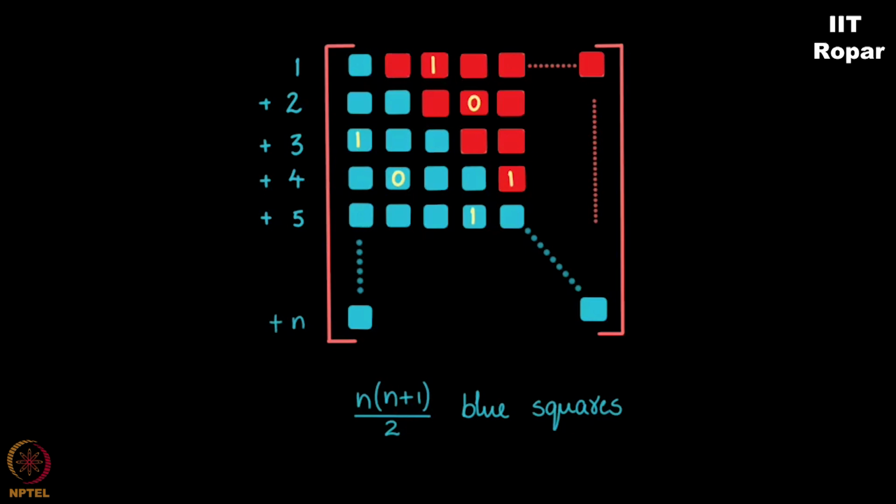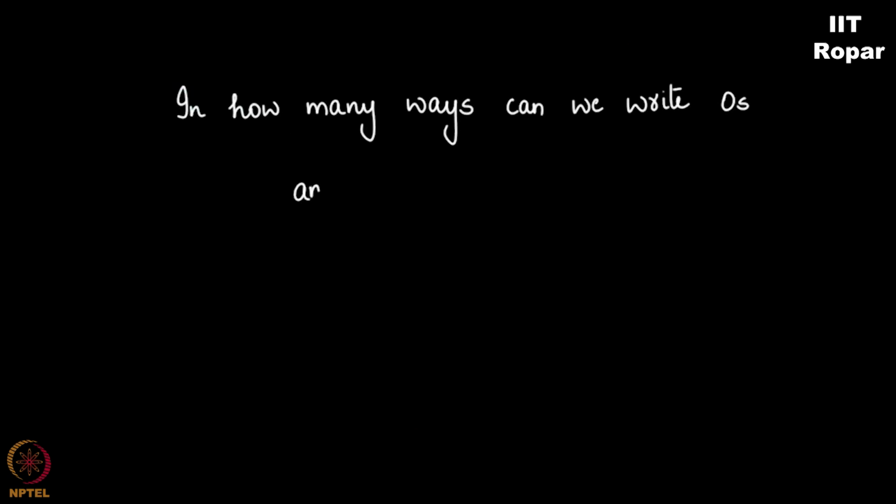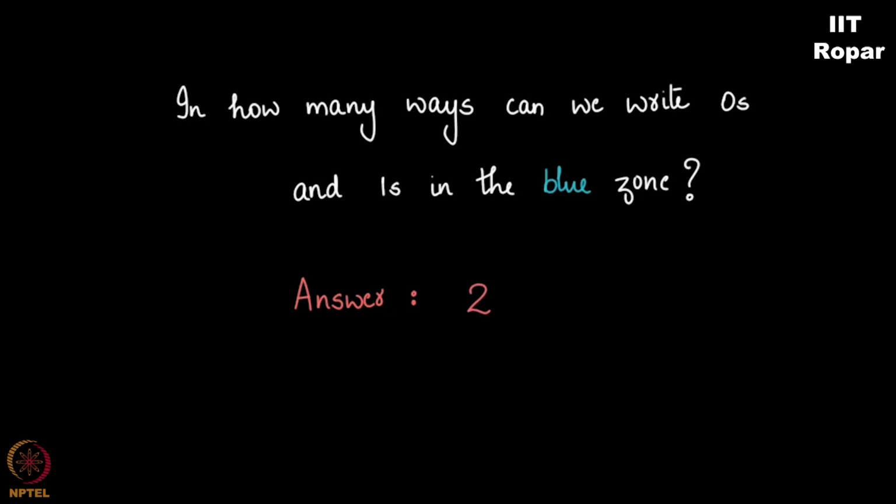So all that I need to count right now is in how many ways can I write zeros and ones in the blue zone, which by the way has n into n plus 1 by 2 blue squares. So the answer simply is 2 to the power of n into n plus 1 by 2, which is 2 to the power of (n square plus n) by 2 in the exponent.